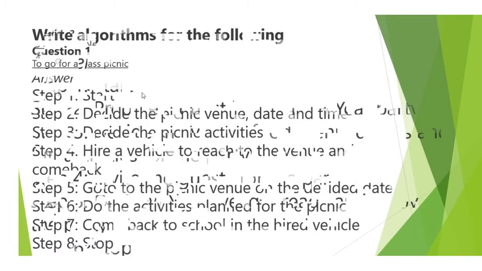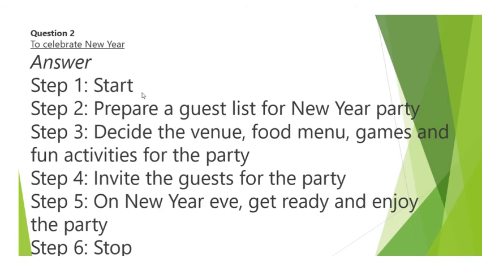Now the next question is to celebrate New Year. So an algorithm can be changed in some situations. Suppose we are deciding to celebrate New Year, we are arranging some activities, we are arranging some fun, so anything can be changed.